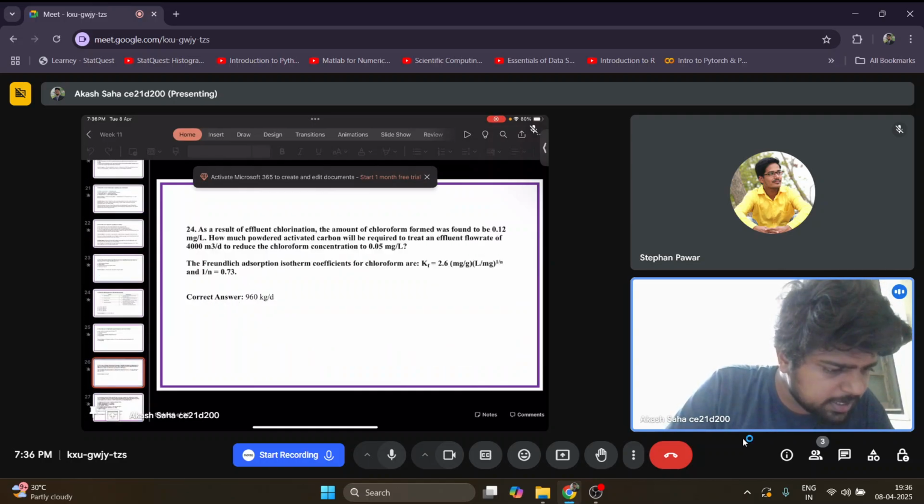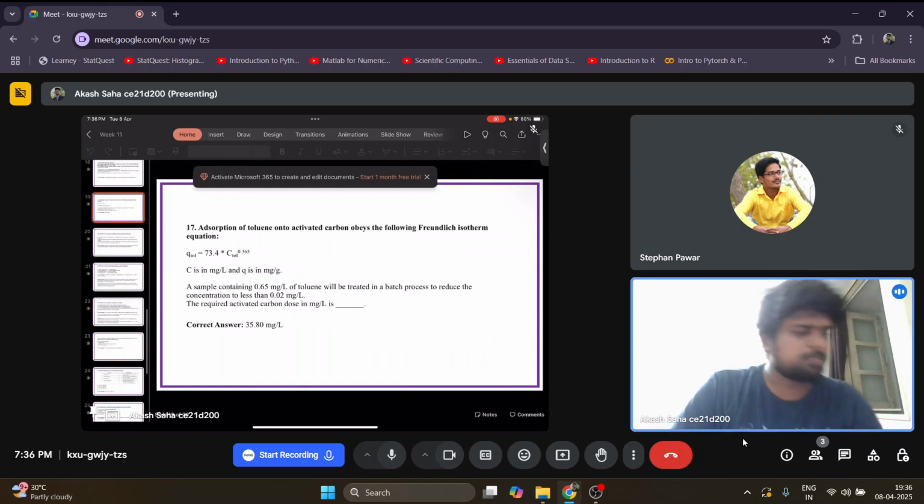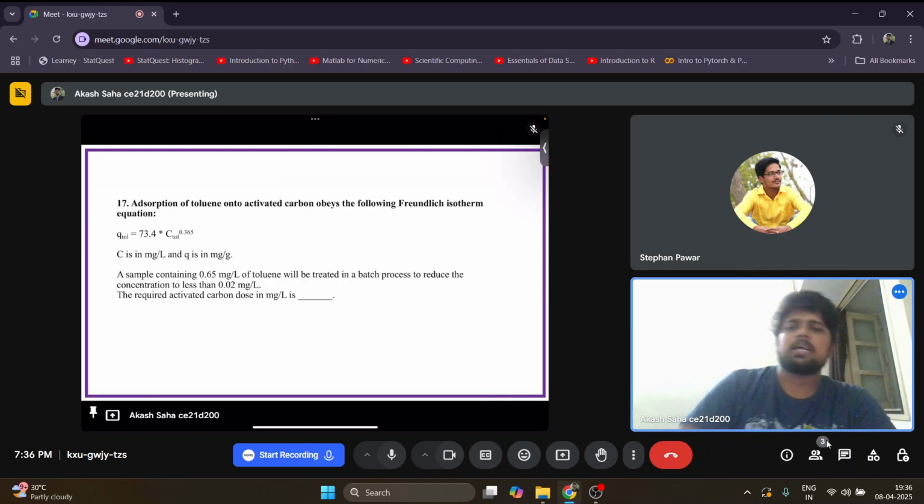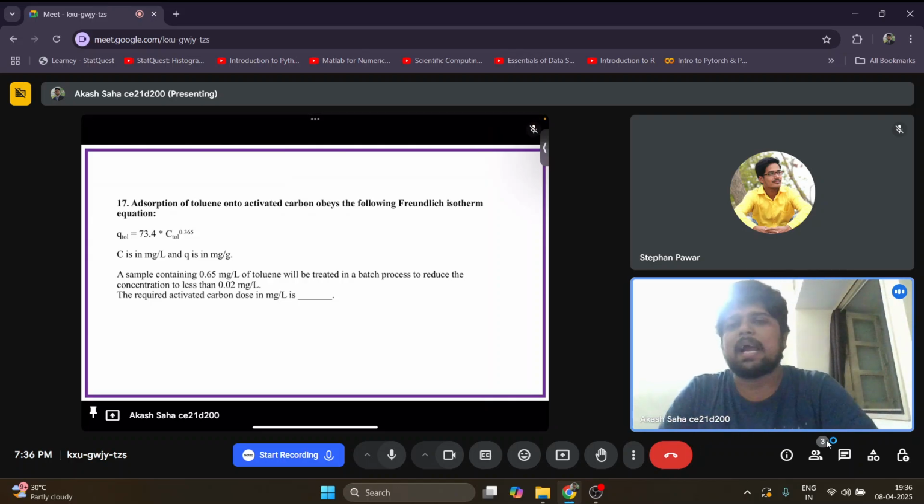Question number 17, I think, first. It says that adsorption of toluene onto an activated carbon obeys the following Freundlich isotherm equation: Q toluene is equal to 73.4 into C toluene to the power 0.365, where C is in milligram per liter and Q is in milligram per gram.